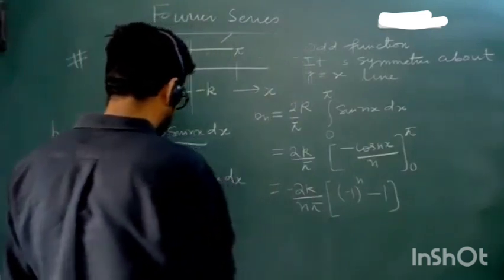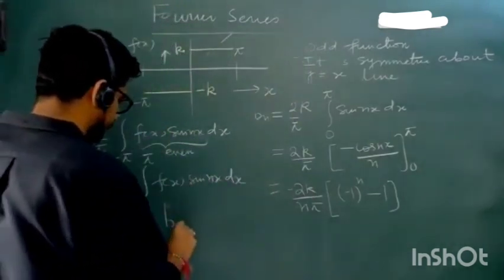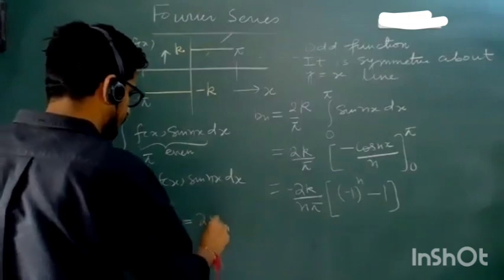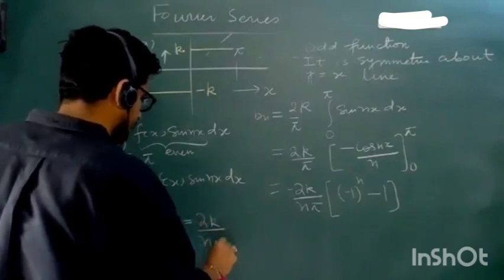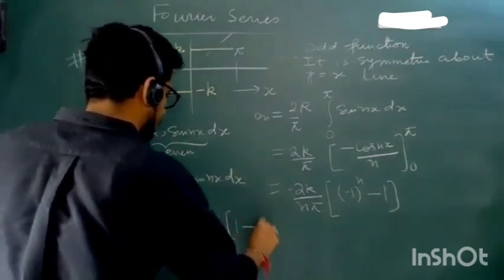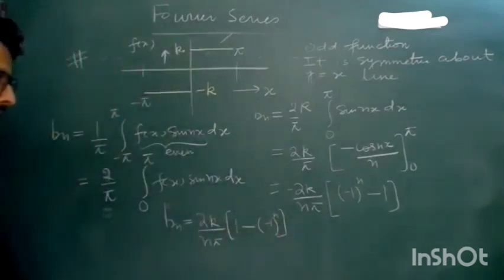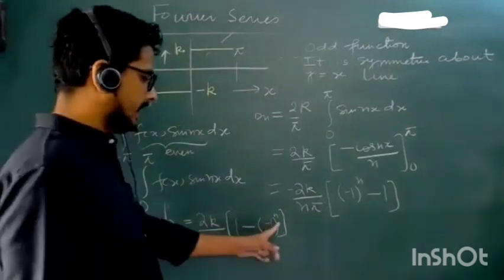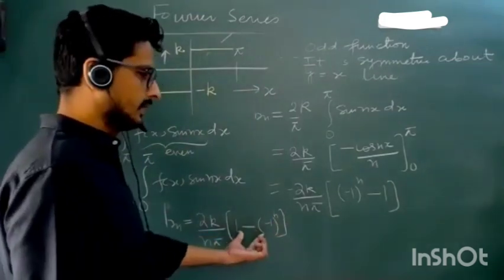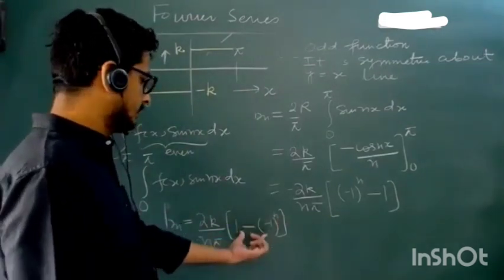So this b n will be equal to 2k by n pi times 1 minus minus 1 to the power n. And you see, when n is even, this will go to 0. And when n is odd, this will become 2.